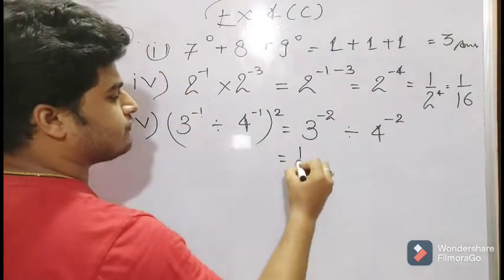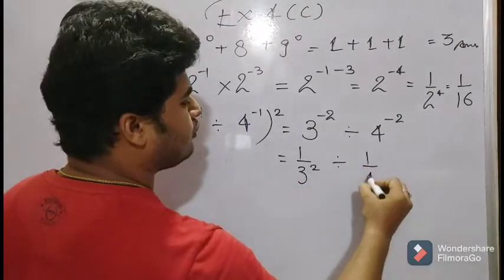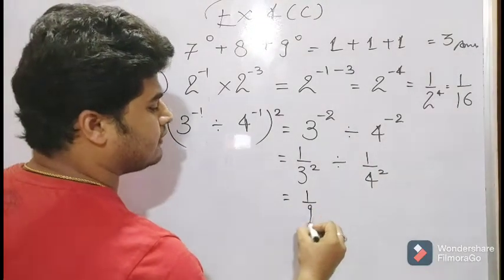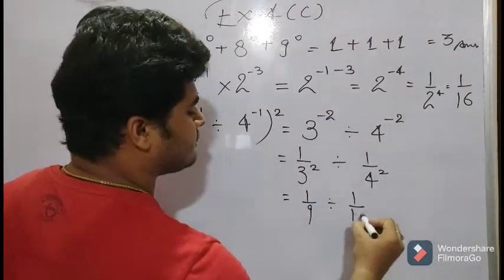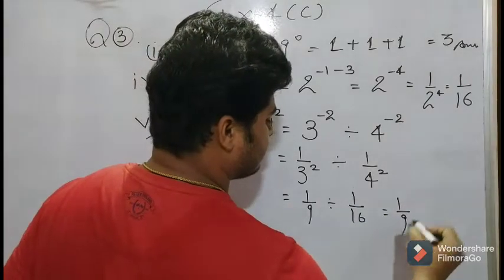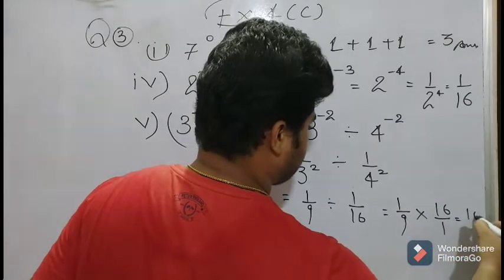So it will be written as 1 upon 3 to the power 2 divided by 1 upon 4 to the power 2. So it will be 1 upon 9 divided by 1 upon 16. And division will be changed to multiplication, so the fraction will get reciprocal. So the answer will be 16 upon 9.